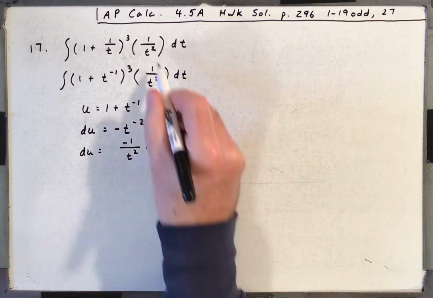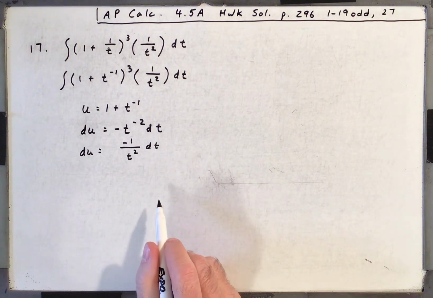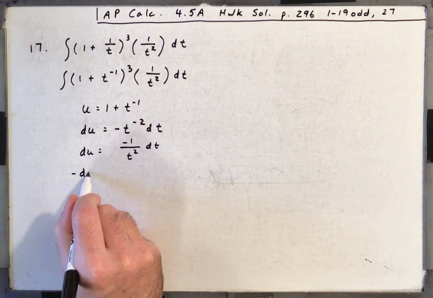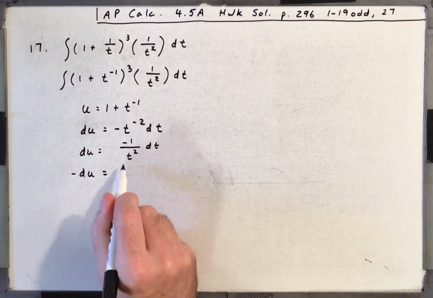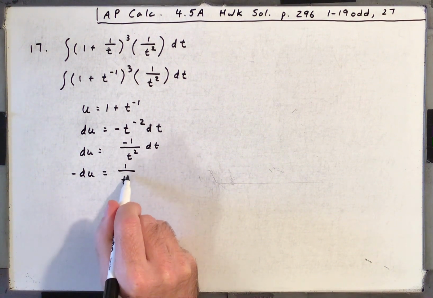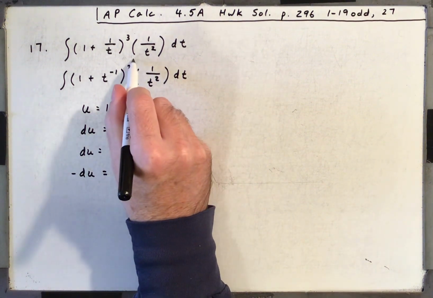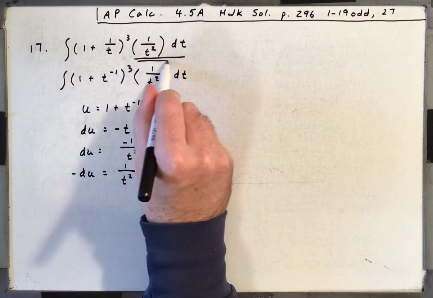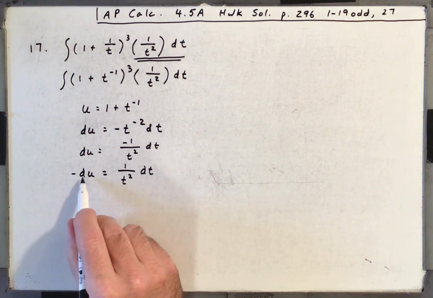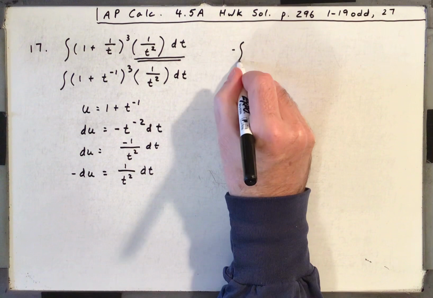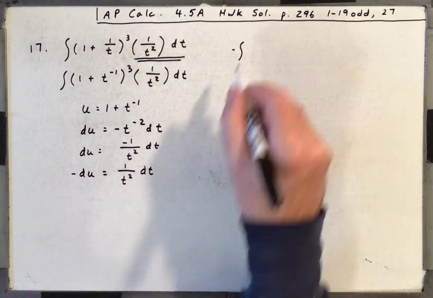I need it to be just positive 1 over t squared. So if I multiply both sides by negative 1, I'd have negative du is equal to 1 over t squared dt. And that's what I need du to be. We just had to adjust by that negative out front. So I'd have a negative out front.